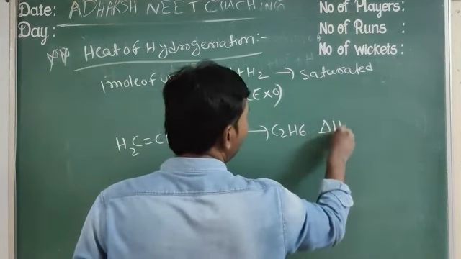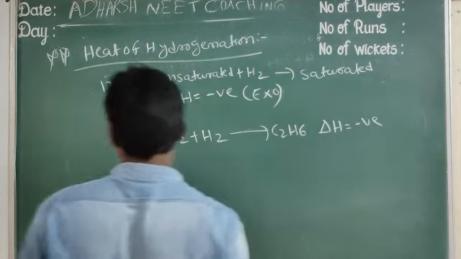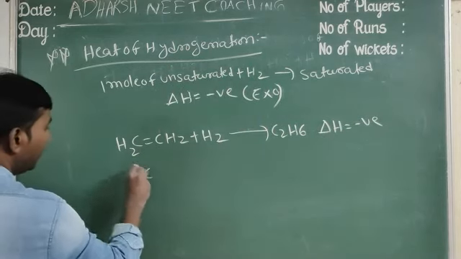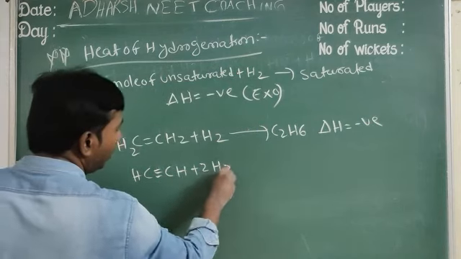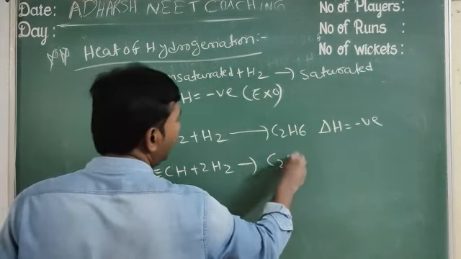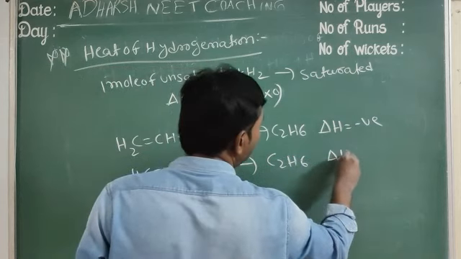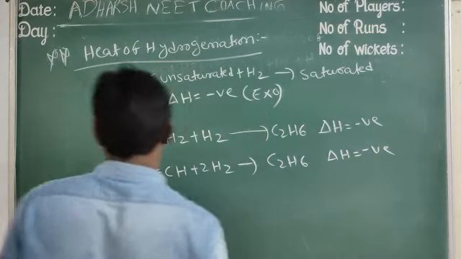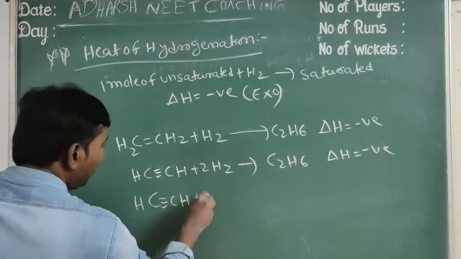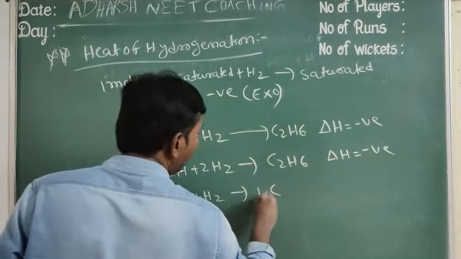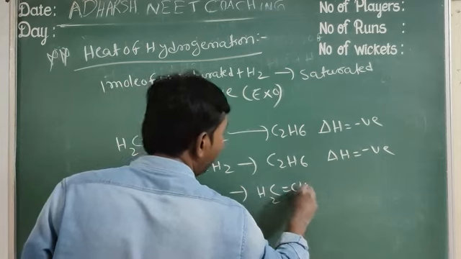Okay, del H is negative. Next, CH triple bond CH plus 2 moles of H2 gives C2H6. So exothermic. Next, CH triple bond CH plus H2 gives CH2 double bond CH2.